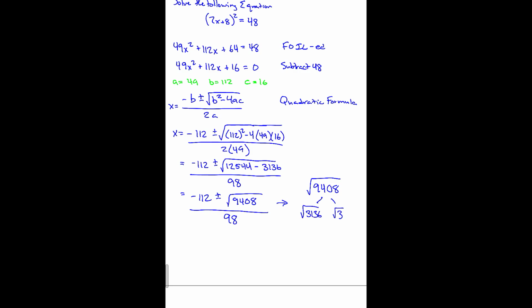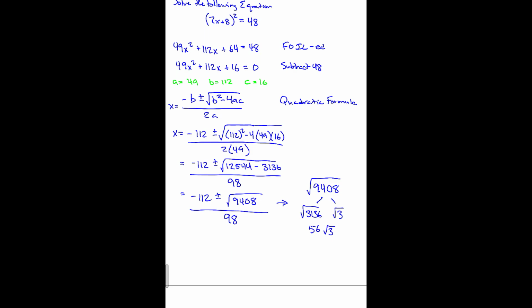Basically, 9408 can be broken up into 3,136 and 3. So if you multiply 3,136 times 3, you get 9,408. Now, here's the cool part. The square root of 3136 is 56. And the square root of 3, you can't break that up any further, so that would just be the square root of 3.